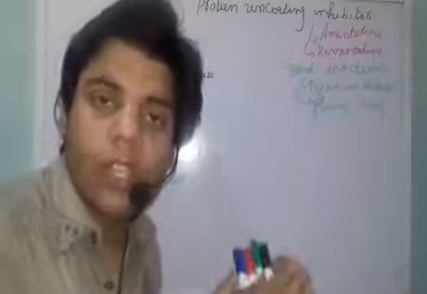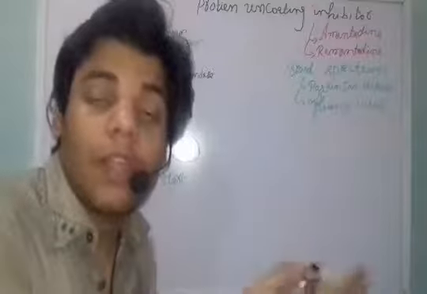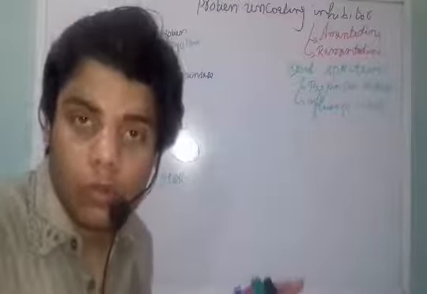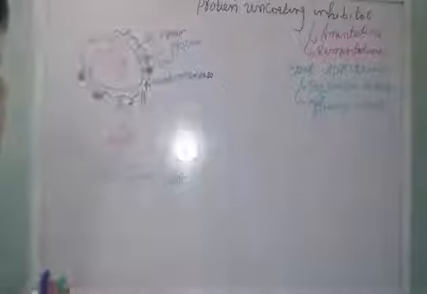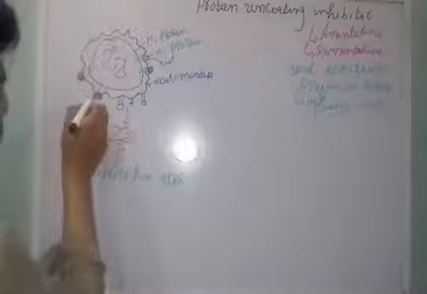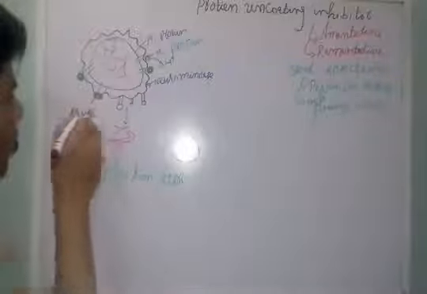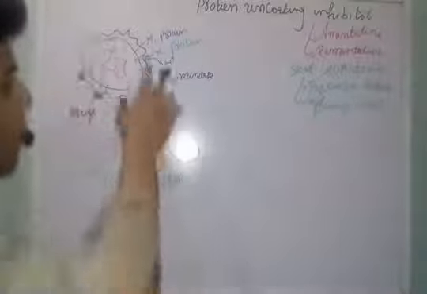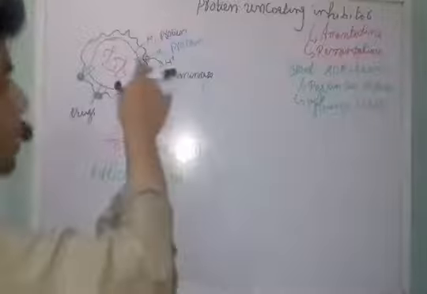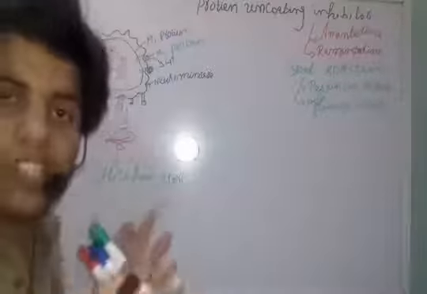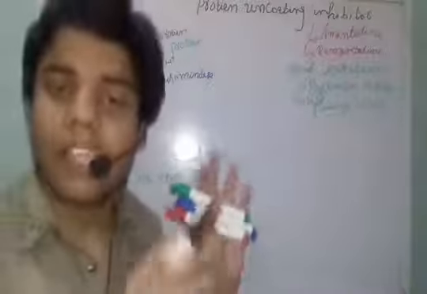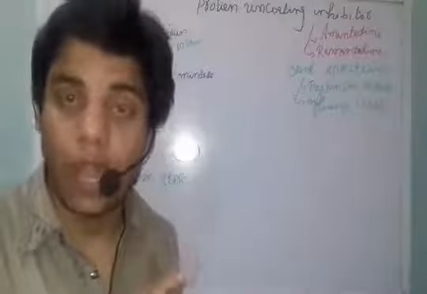Due to this blockage, the hydrogen ion, or we can say the proton, will not be released out. So these are the drugs. Once the drugs bind to these pores or channels, they prevent the release of the hydrogen ion.